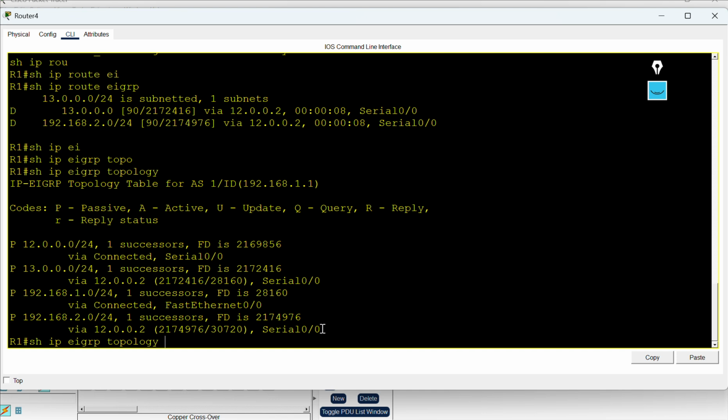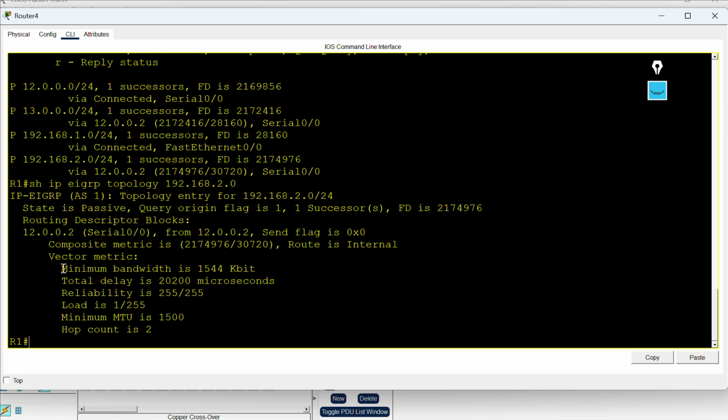Now, if we see details here, show IP EIGRP topology and the network. See, minimum bandwidth, total delay. Minimum bandwidth is 1544 kilobits. Total delay is 20,200 microseconds. See here, composite metric. By default, EIGRP uses minimum bandwidth and total delay.